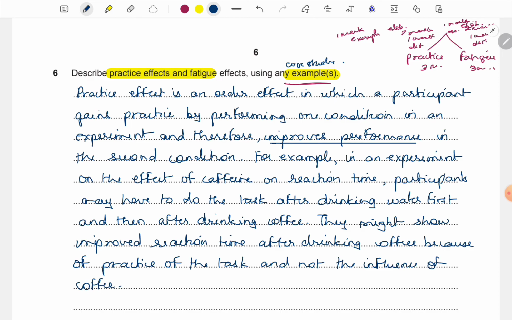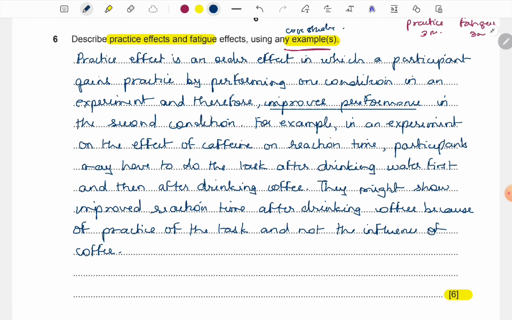Now here I don't need to give any elaboration because in the example itself, if you see, I have elaborated. I have pointed out how it is a confounding problem, practice effect, because I have mentioned that they are not doing better because of drinking coffee or because of the manipulation. They are doing better because of the practice which they have gained.